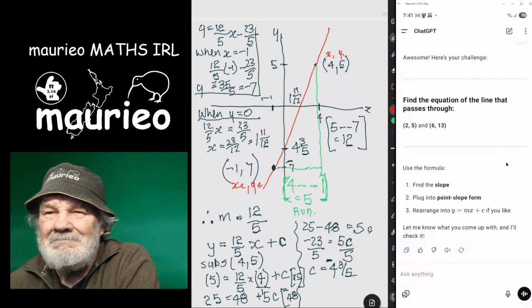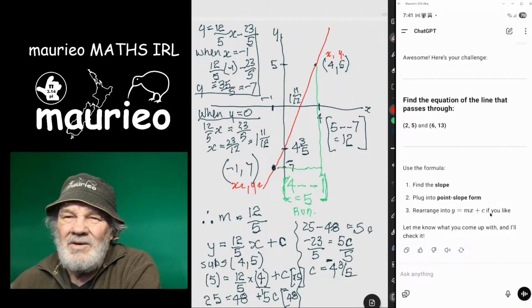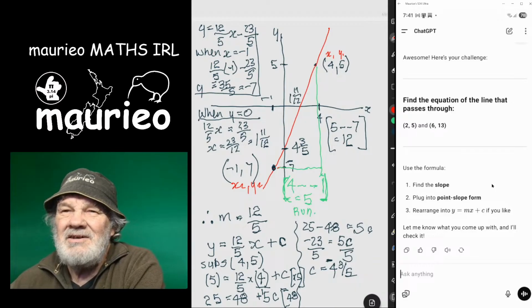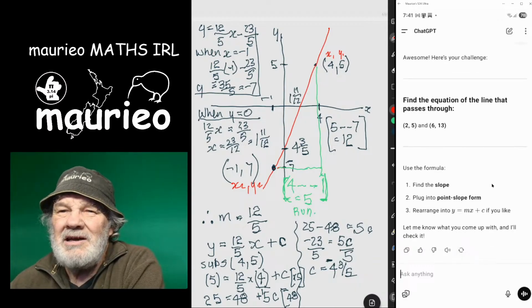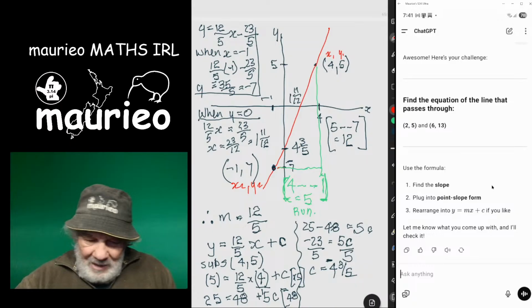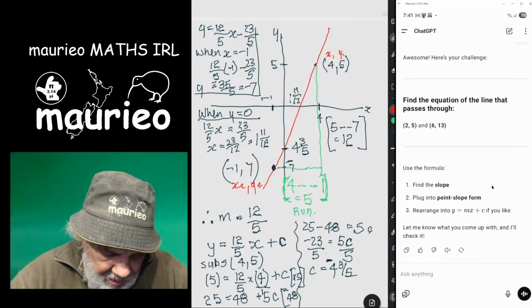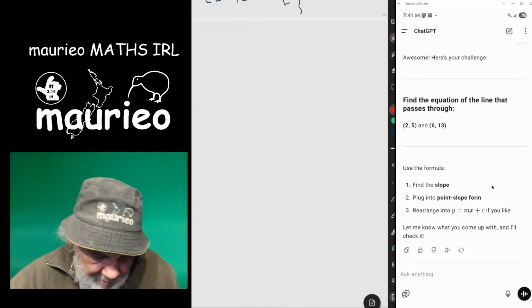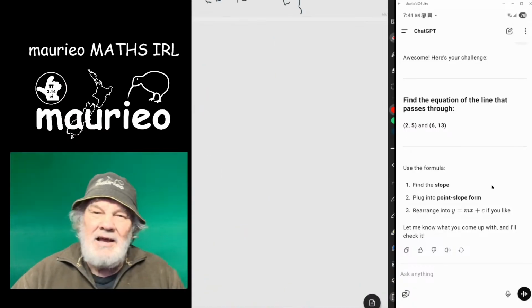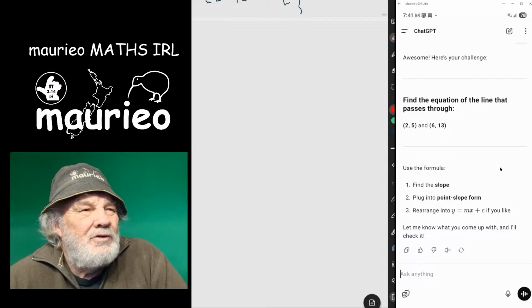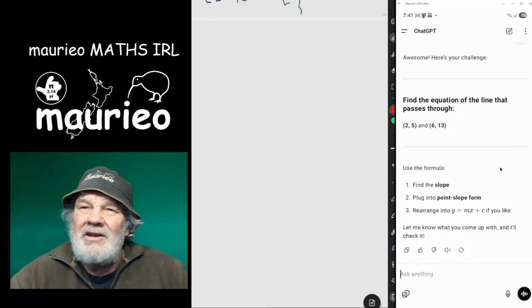Right, use the formula. Okay, so let's do this one. You can derive it from first principles, but quite often these formulas are given on formula sheets for exams and things like that.